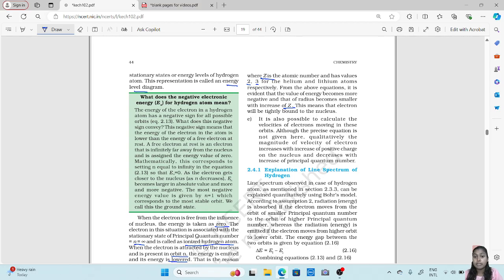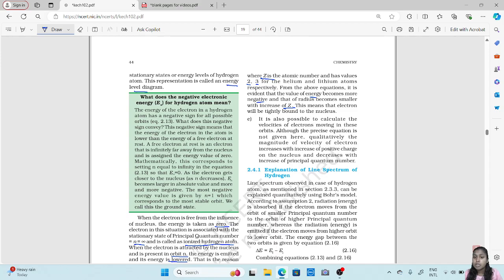The radius becomes smaller because all these atoms have removed electrons to look like hydrogen-like species, right? So the radius becomes smaller with increasing Z. This means that electrons will be tightly bound to the nucleus, so they will be tightly held by the nucleus, right?